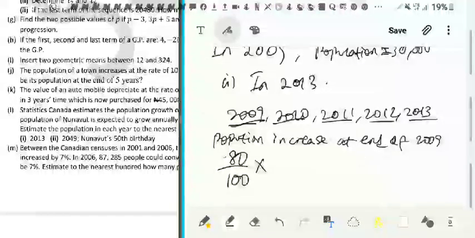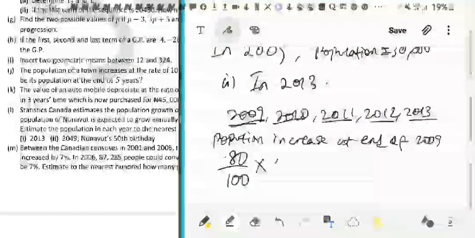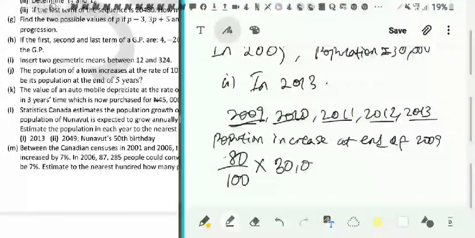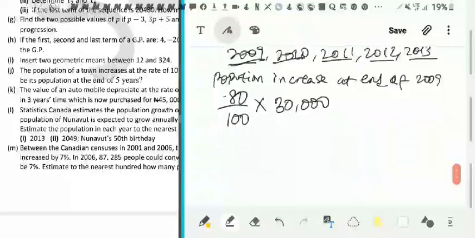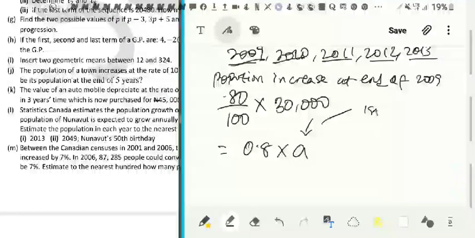That's 80 over 100, 80% of what? Of 30,000, which is what? 0.8 times A. A is 30,000 because it is the first term that was given, first term. So A into this.